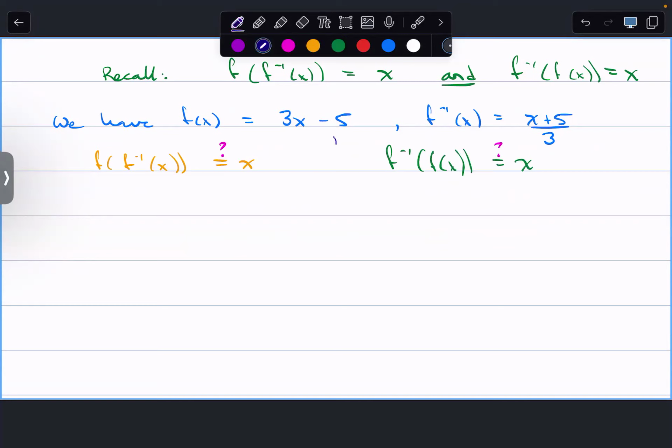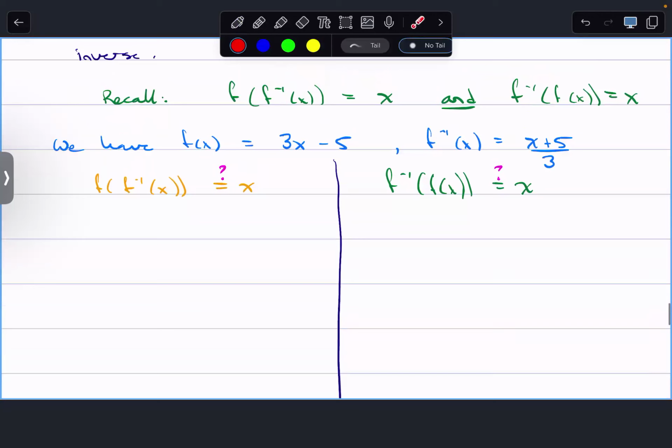I'll keep them separate, but do them side by side, one at a time. What does this look like? I want to use the inverse of x as the input into f. So wherever you see an x, you're going to replace it with x plus 5 over 3, treating it as one thing.